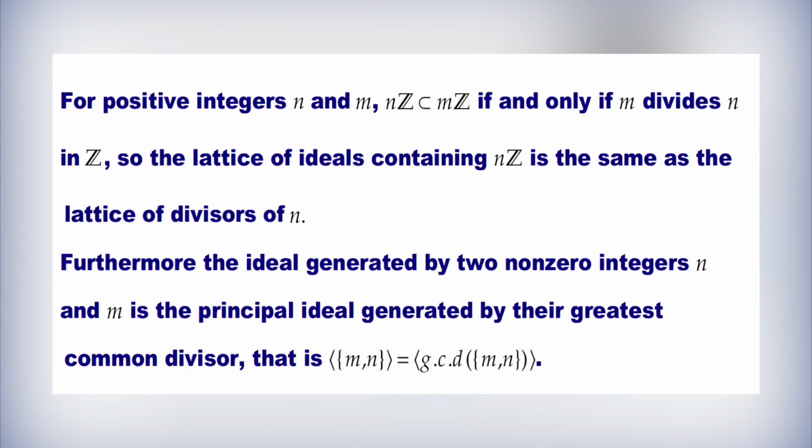For positive integers n and m, nZ is a subset of mZ if and only if m divides n in Z, so the lattice of the ideals containing nZ is the same as the lattice of divisors of n. Furthermore, the ideal generated by two non-zero integers n and m is the principal ideal generated by their greatest common divisor, which is the ideal generated by m, n is equal to the ideal generated by gcd of m, n.